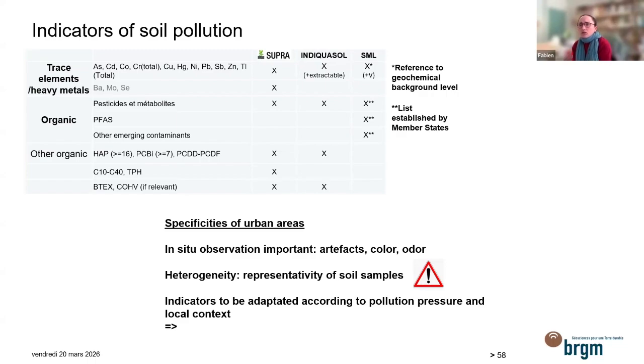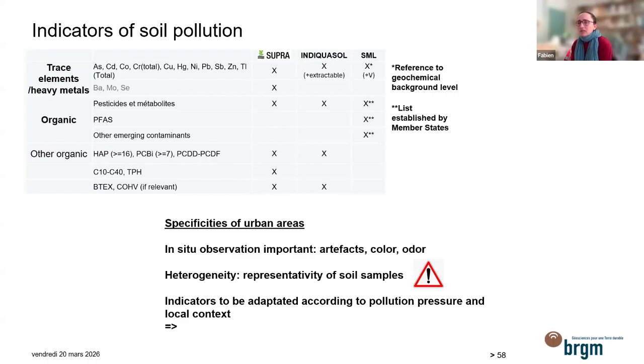We have as organic mainly pesticides and metabolites, PFAS more or less, and other emerging contaminants, and of course other classical contaminants, with some which are persistent, like PAH or PCBs, or dioxins and furans, and others that are less persistent.